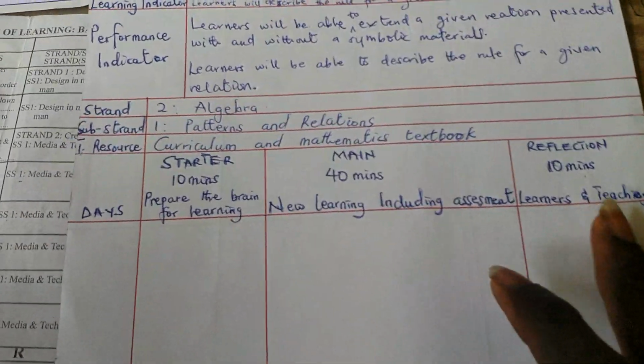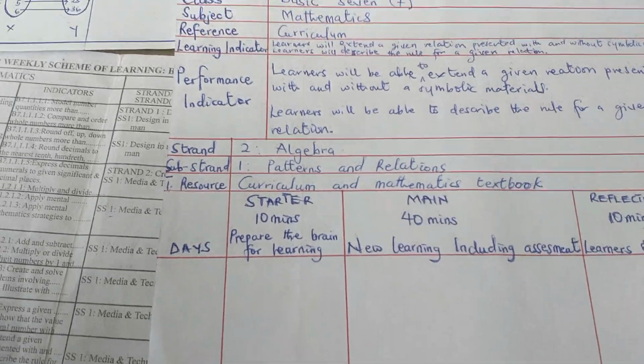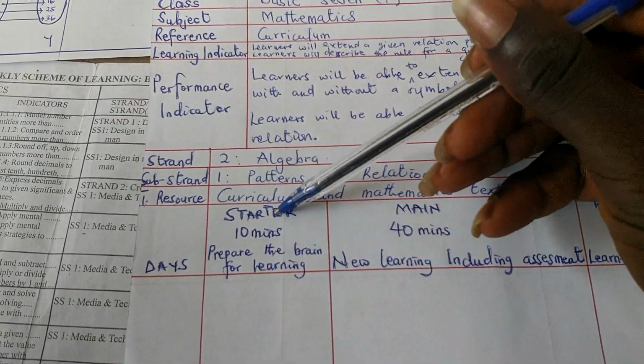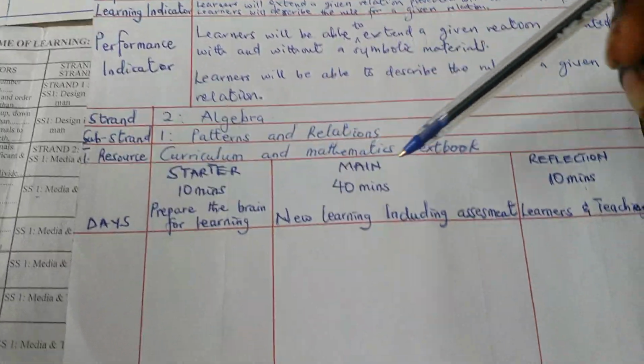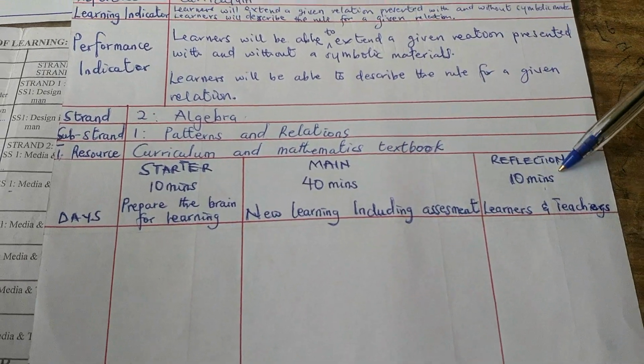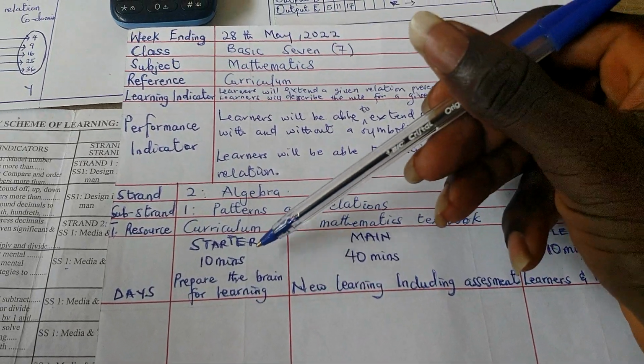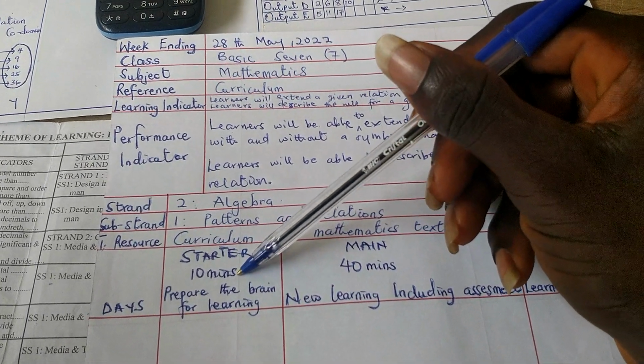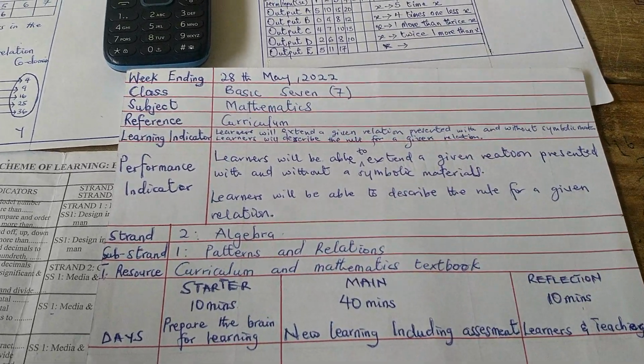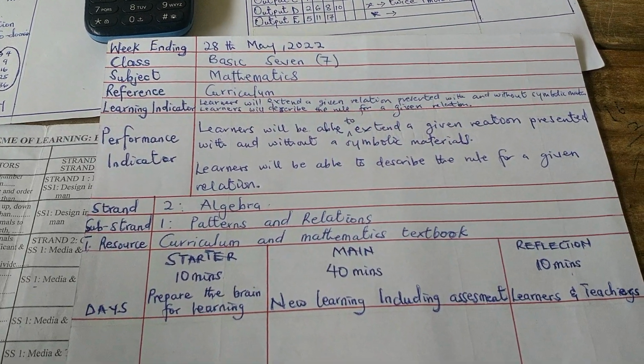Fridays, I don't teach mathematics; I use them for my other business. So we have here starter, main, and reflection. Now the starter takes 10 minutes when the duration for the period is 1 hour.